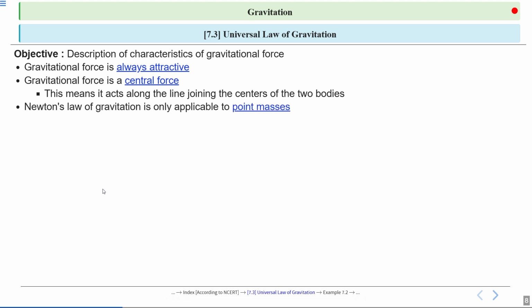Now, let's talk about Newton's law of gravitation, which is applicable to point masses. A point mass is a simplified model where we consider an object's mass to be concentrated at a single point. This simplification helps us to calculate gravitational interactions more easily.